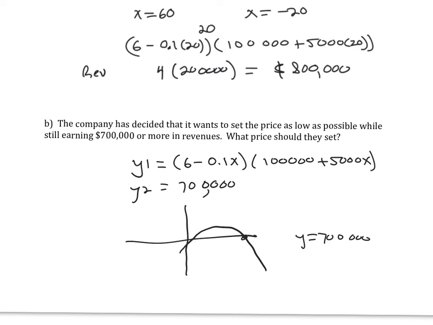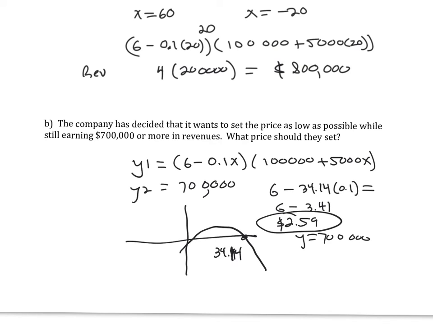Because at this point we have an x value of 34.14, excuse me, 0.14, which means that our new price is going to be 6 minus 34.14 times 0.1, which is going to be equal to 6 minus 3.41, which means our new price is going to be $2.59. That means at that price we'll sell enough dolls that we'll earn $700,000, but we'll have a low price and we'll hopefully drive our competitors out.